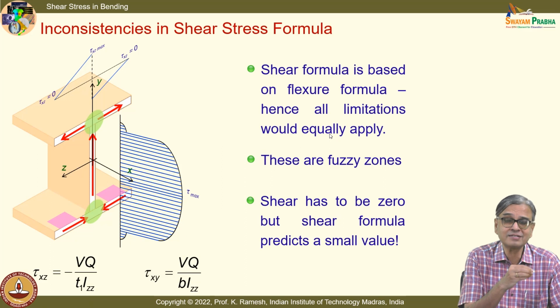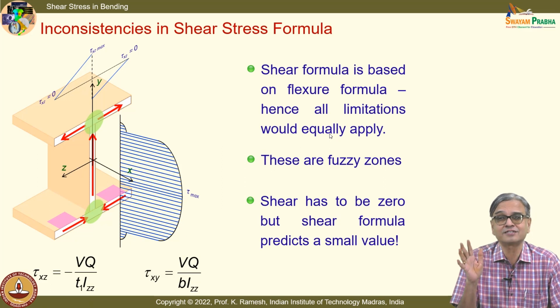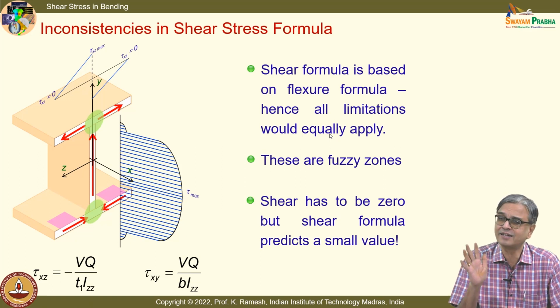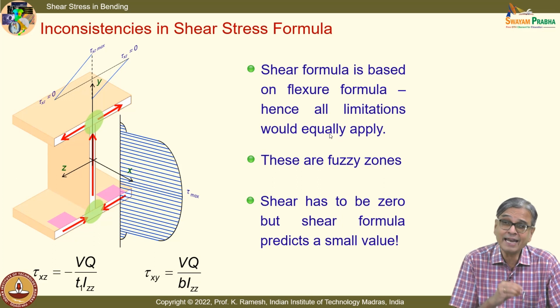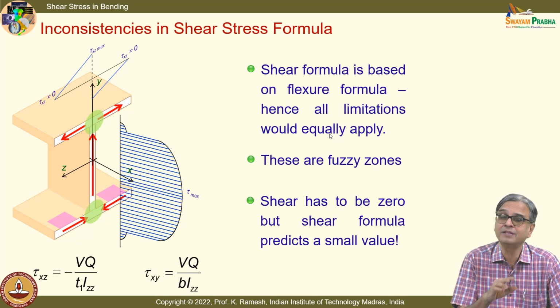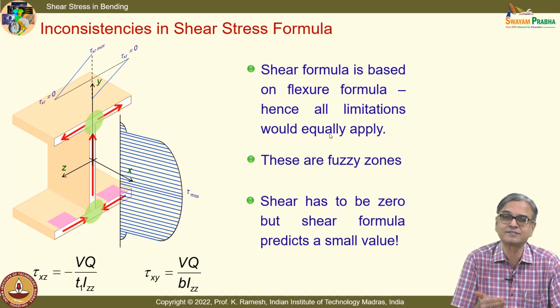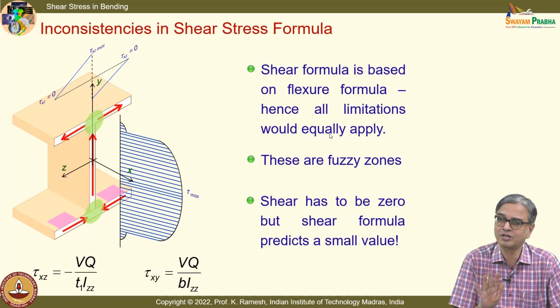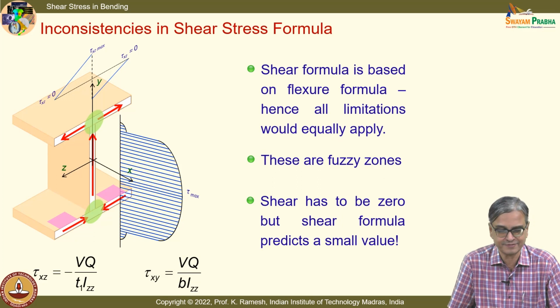So, when I have a slender beam, shear stress determination from these expressions is reasonably accurate. If you violate slenderness of the beam, then you have to look for other formulations. You have the Timoshenko beam, which improves the flexure formula itself as well as the shear evaluation. Those are postponed for your higher studies.